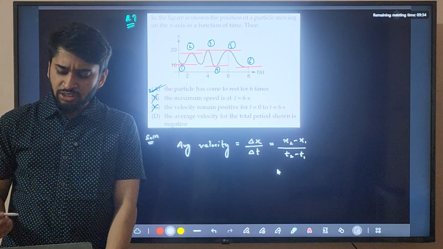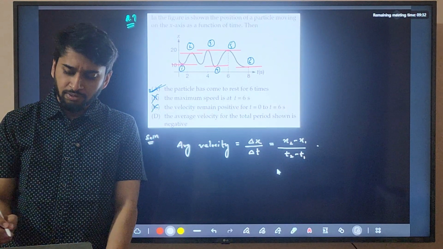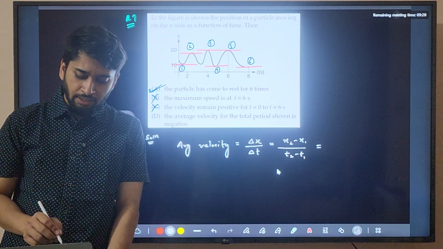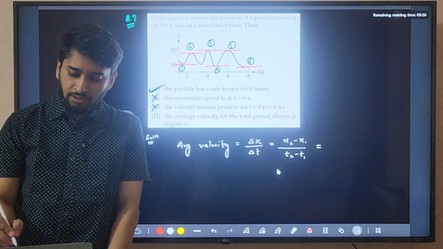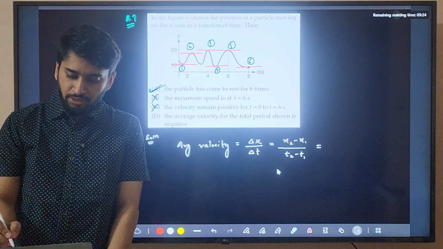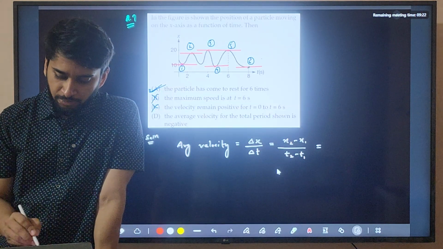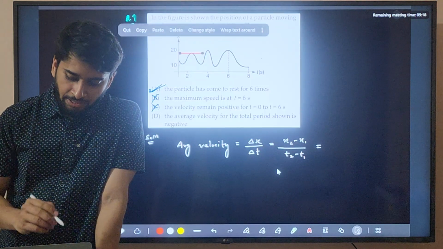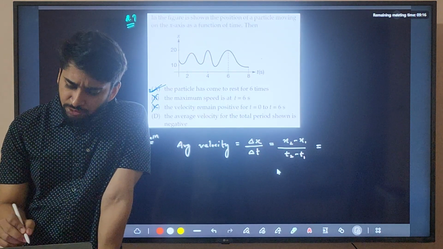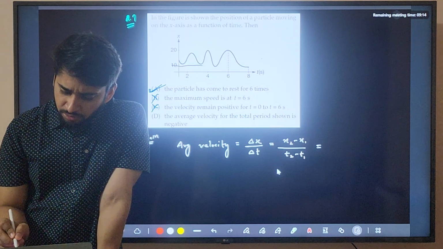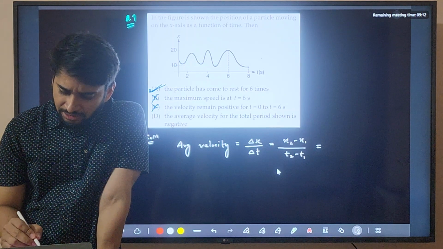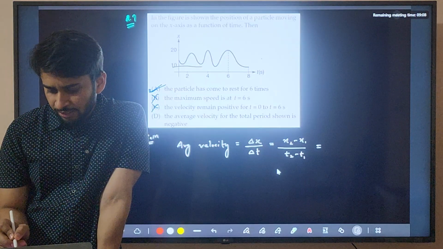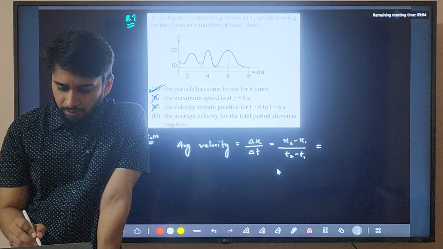So what is the final position? If you see from the graph, finally the particle is here, right? So this is the final position. So x2, let me erase these things, it's creating confusion, right? So what is the x2 value? We cannot exactly figure out what the x2 value is, but one thing we can say is that x2 is less than x1, right?